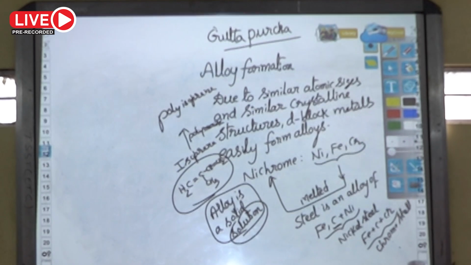If an alloy contains mercury as one of the components, we call it amalgam. But mercury is poisonous for the human body.